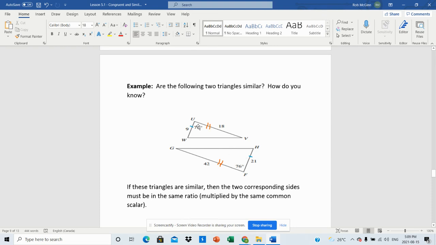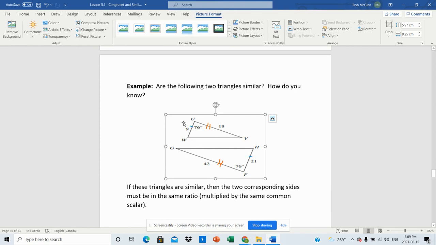So if I rotated this triangle here, UVW, around, it would match up with vertex V equal to G. Vertex U and F are the same, and W and H are the same.